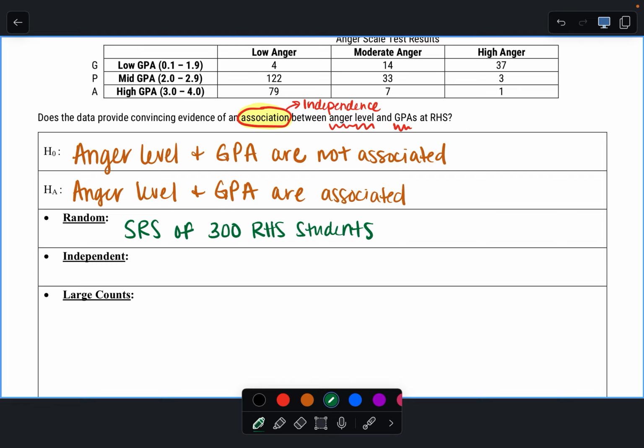And then the independence is the 10% condition, and here we're going to say we think there are 3,000 students. I can't remember the exact count of students in RHS at the moment. It might be a little high, but depending on how many freshmen there are this year, which is usually a lot, we'll say it's safe to assume.